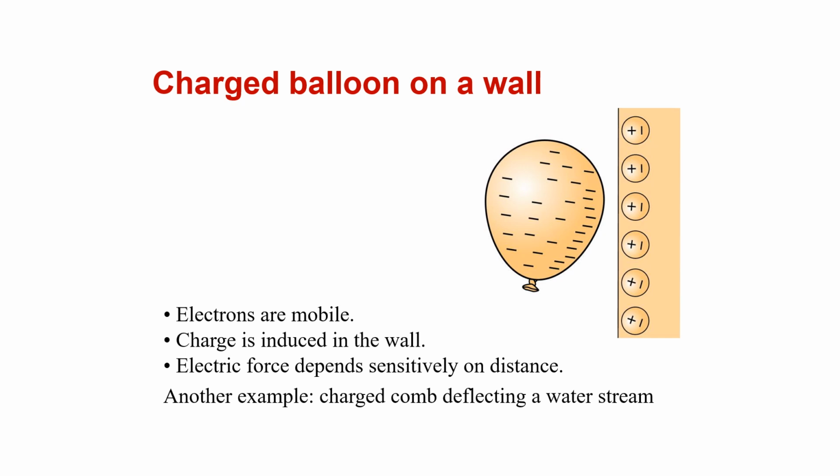So this is one example of static charge. Both the balloon and the wall are insulators. They accumulate electrons, and if you have two opposite charges, they're going to attract each other, and that's why if you rub the balloon and attach it to the wall, it will just stay there because of the electric forces between the two opposite charges.